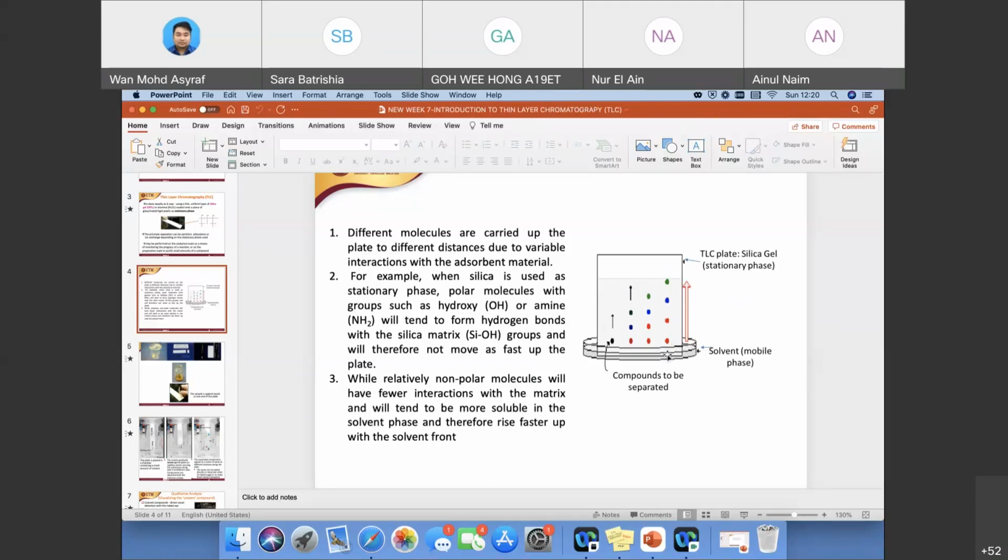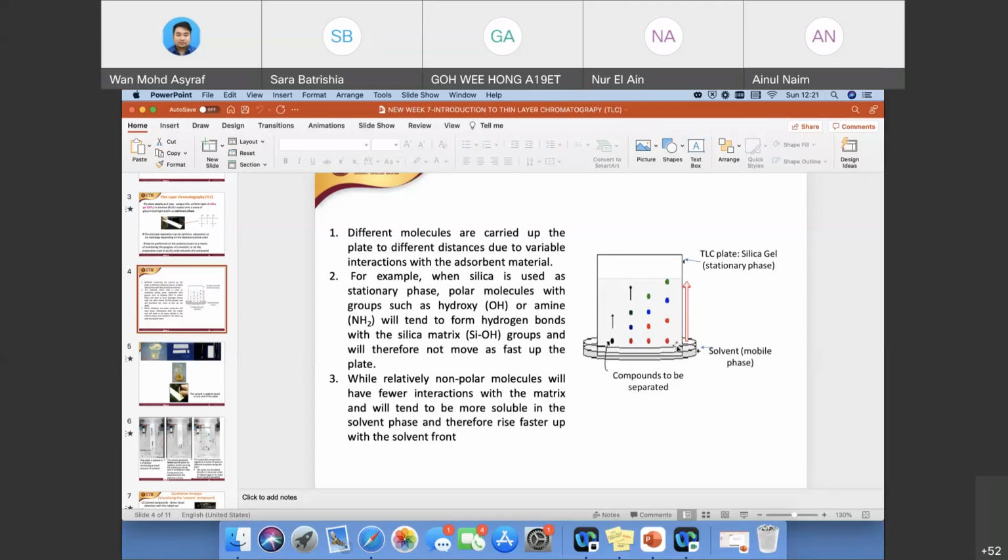That's why it follows the mobile phase up. While I think this is the pink one, it has the highest interaction with the silica gel because it doesn't budge at all. Orange and blue move.